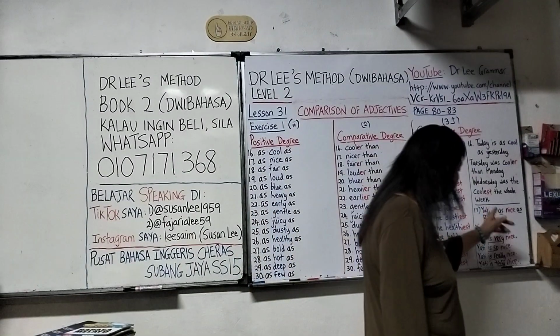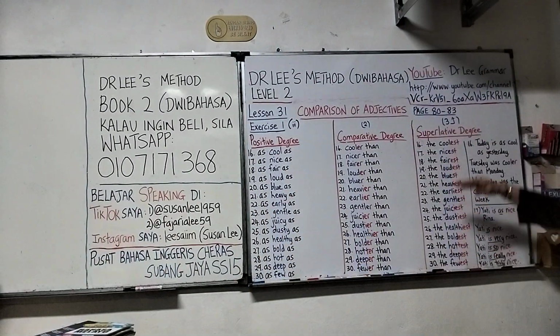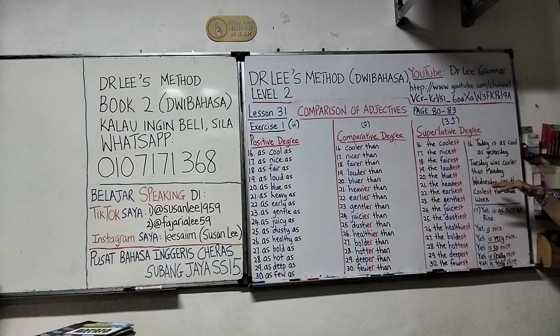Okay, now look here. I have given you some examples here. Remember that, for example, today is as cool as yesterday. Are you comparing? No. When you use the base form, the original adjective, it means yesterday and today are the same. The weather is the same.